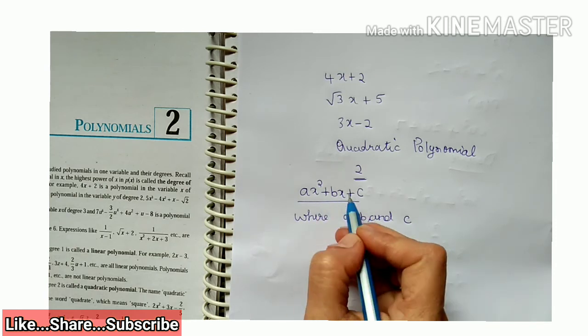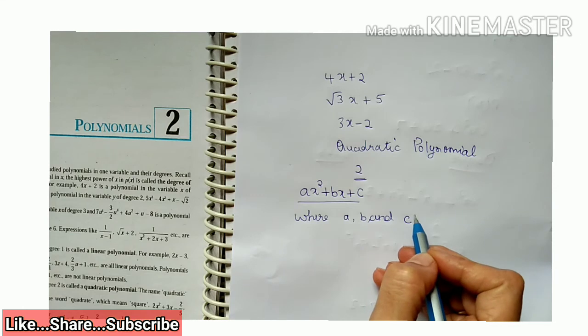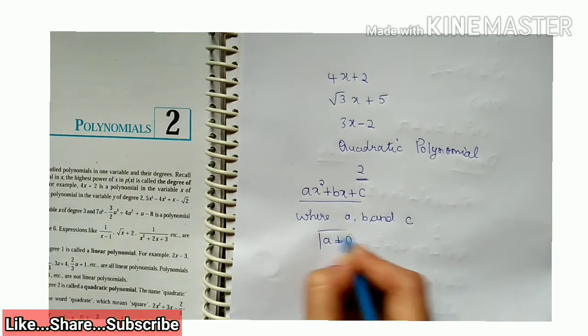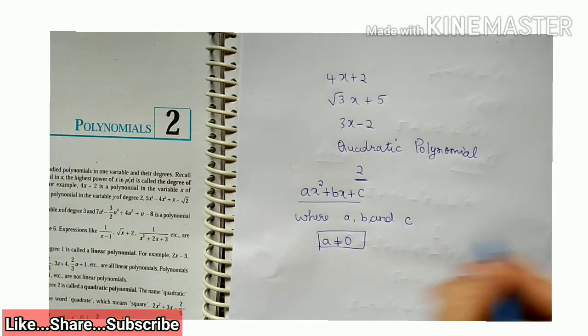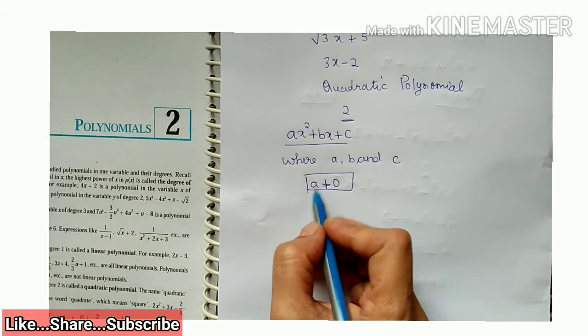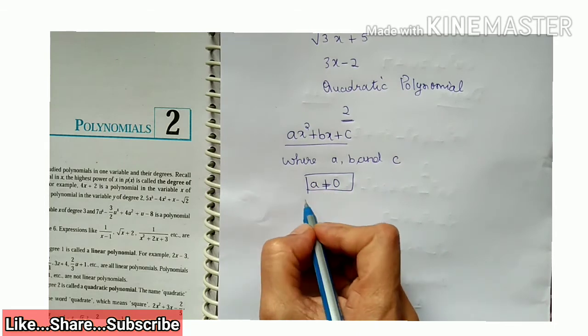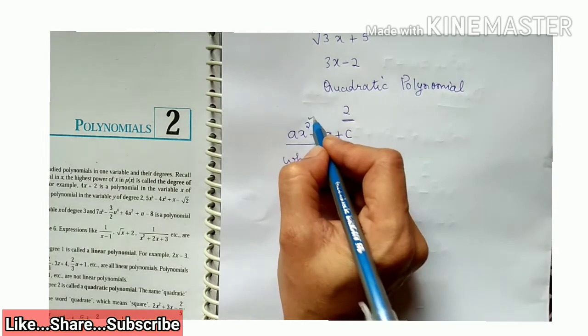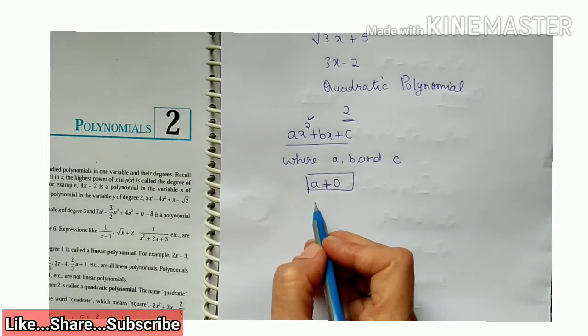These are all real numbers. One more condition is a not equal to 0. The degree of quadratic polynomial is 2.